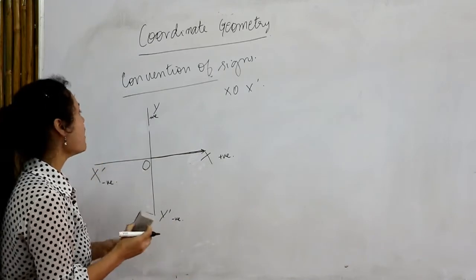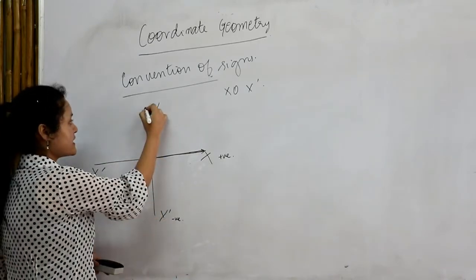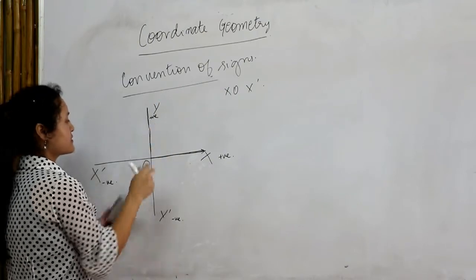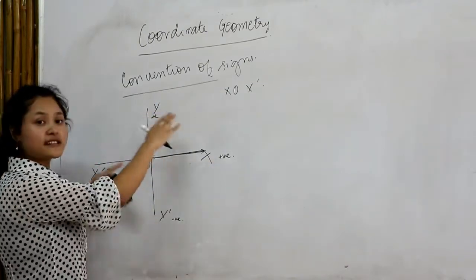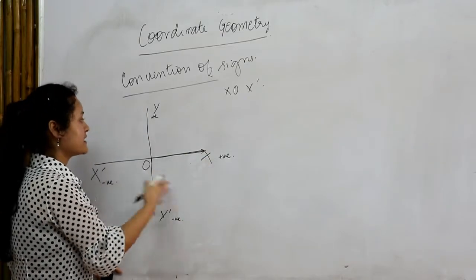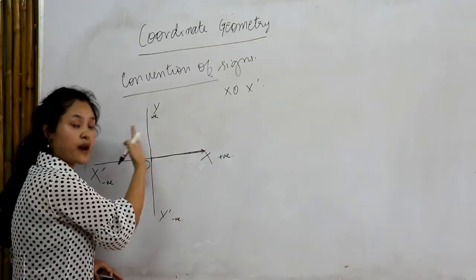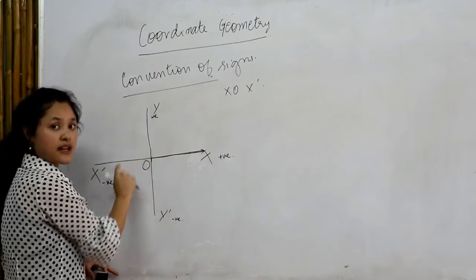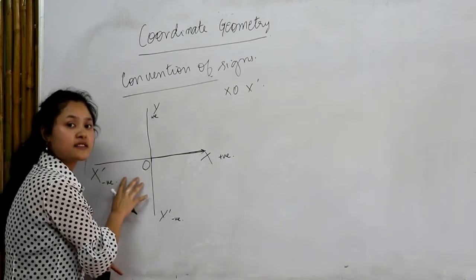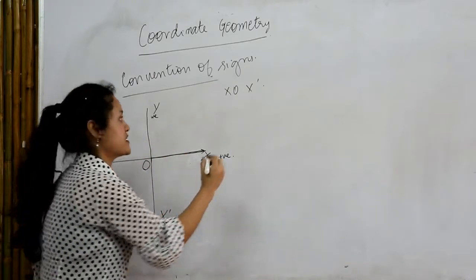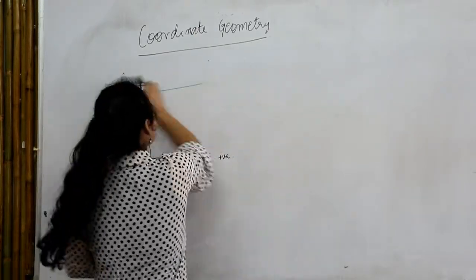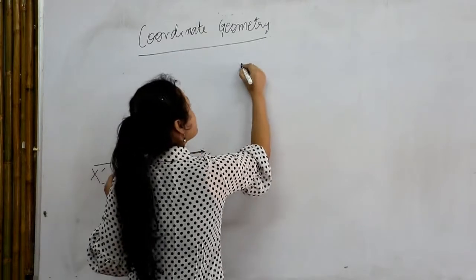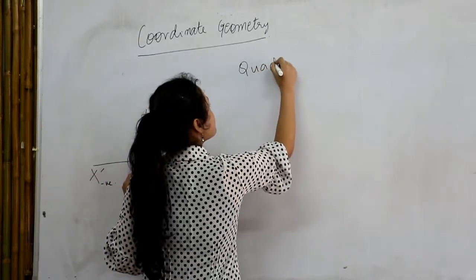Also, this system of axes x and y divides the plane into 4 parts, and these parts are known as quadrants.